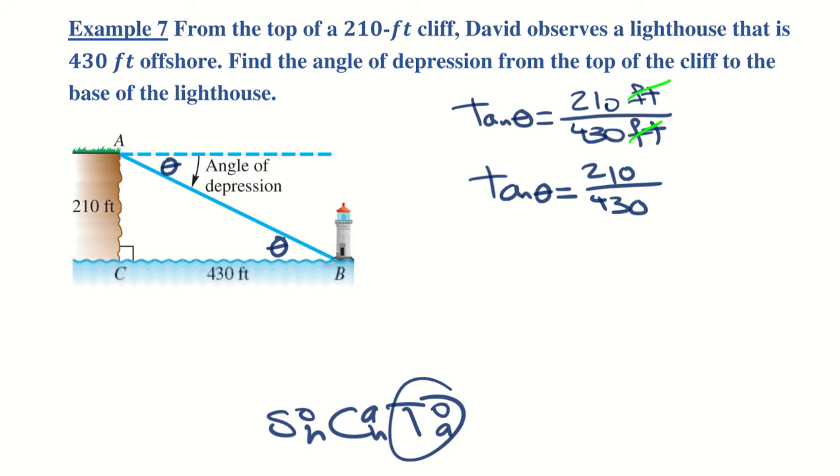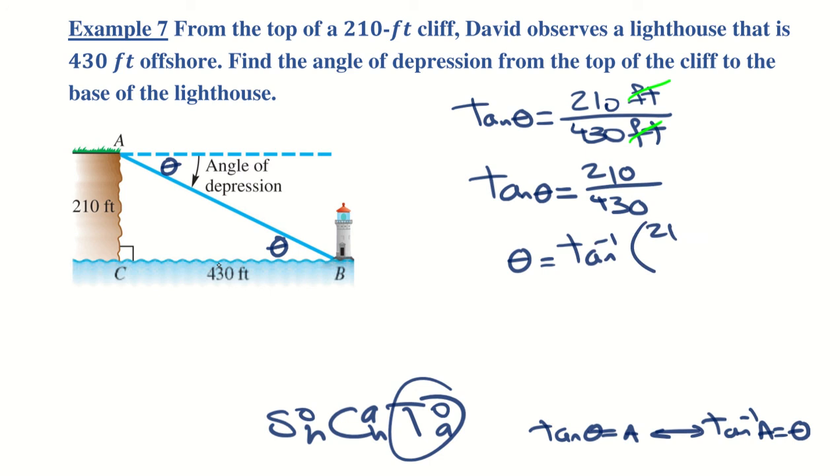Now, we have the tangent, we want the angle. So what do we need? We need the inverse tangent. Remember, tangent of theta equals A is equivalent to saying that the inverse tangent of A equals theta, okay? So theta is going to be the inverse tangent of 210 over 430.